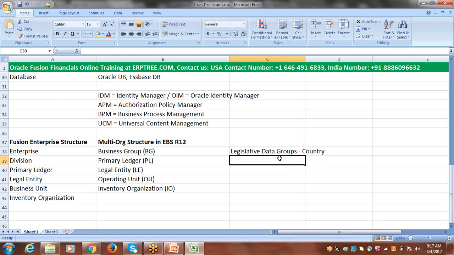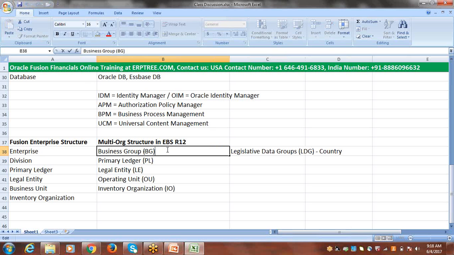The legislative data group, LDG, is a data group, meaning a group related to data: to group employee data specific to a country or a particular organization.